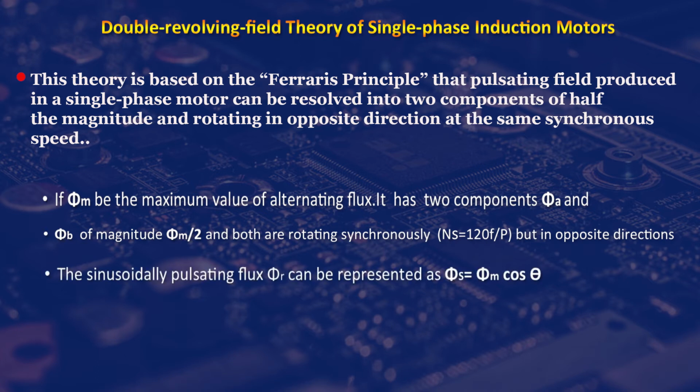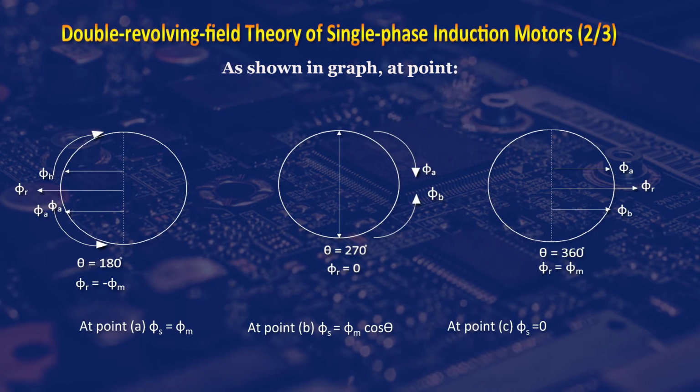So, the sinusoidally pulsating flux can be represented as a cosine wave that is equal to phi m cos theta. Now, this can be easily shown in the figure which has been shown in the slide. When the flux is resolved into two fluxes phi a and phi b of equal magnitude, then theta is equal to 0 at the time of starting.